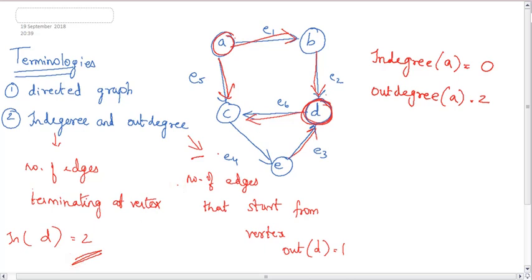Out degree, consider yourself as vertex D and the edges that are leaving you, moving out of you, that becomes the out degree. Only one edge leaves D, so the out degree of D is 1. That's all. This is very simple to understand.